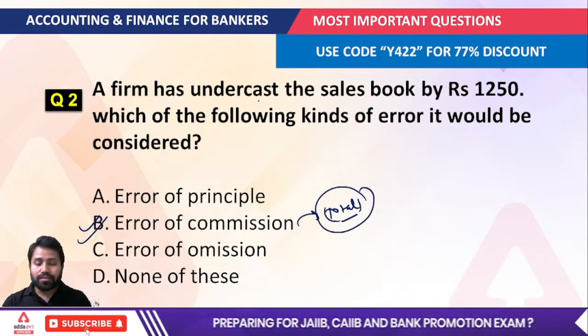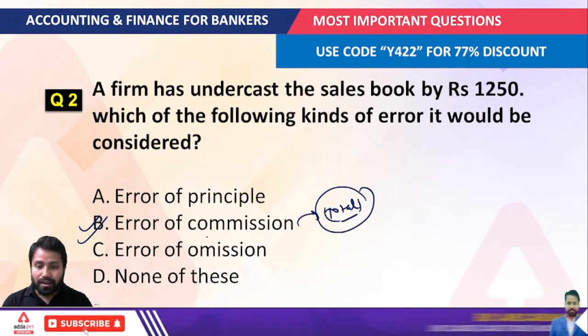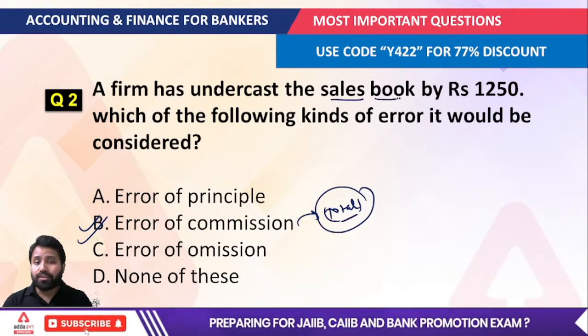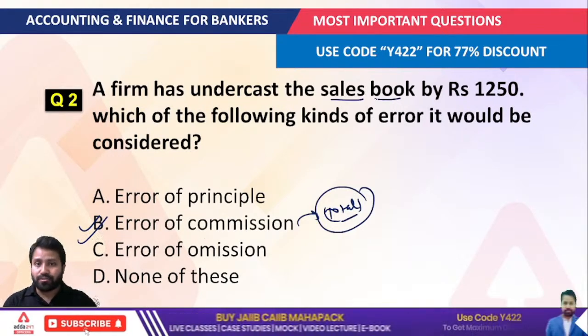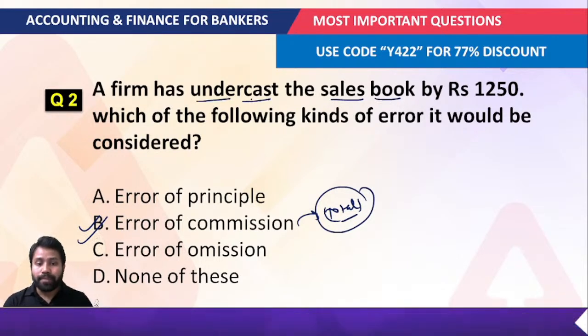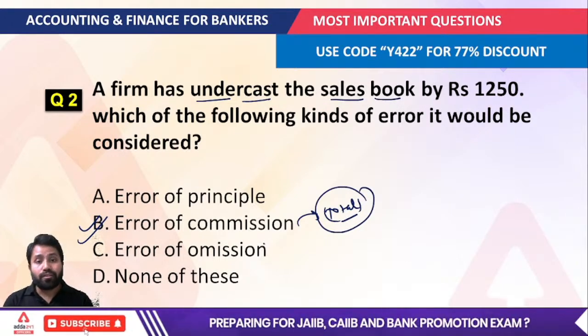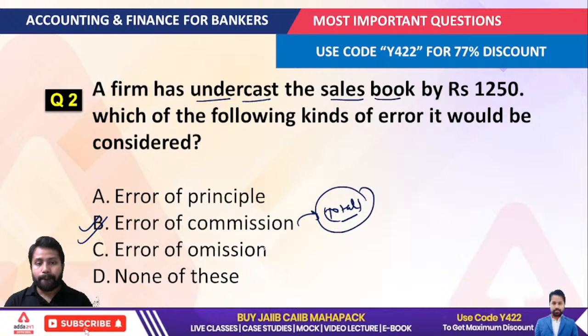Okay, you can understand if any firm has undercast the sales book, that means the firm actually made a mistake while recording the sales or while totaling the sales. Because here we are talking about undercasting the sales book. So that means it would be which kind of error? That is an error of commission, right? I hope it is understandable for everyone.